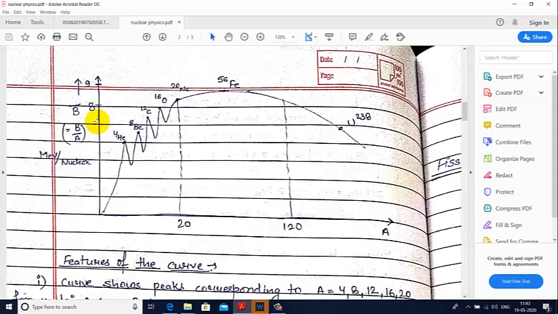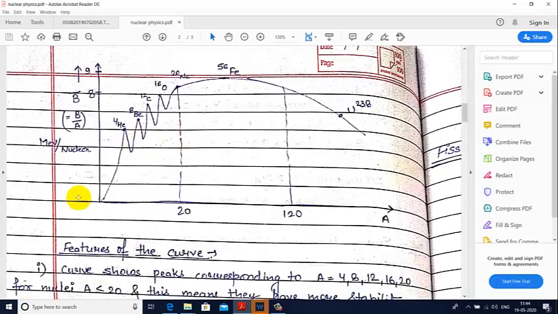And if the value of binding energy per nucleon is less, and we give a small amount of energy to such a nucleus, then the nucleus can easily break into its components. So the nucleus for which the value of binding energy per nucleon is less is less stable.